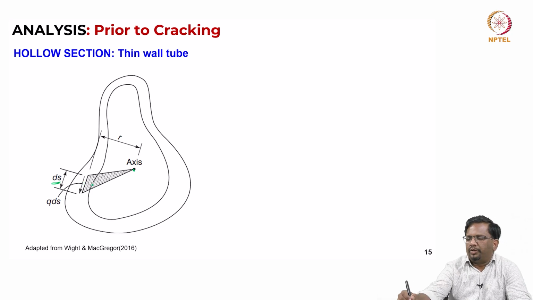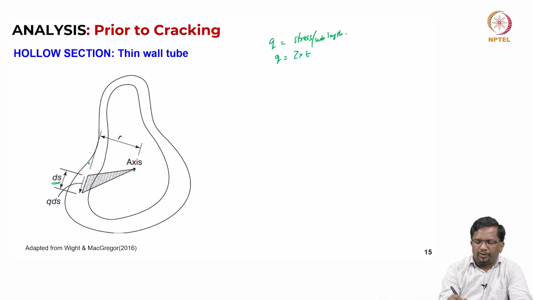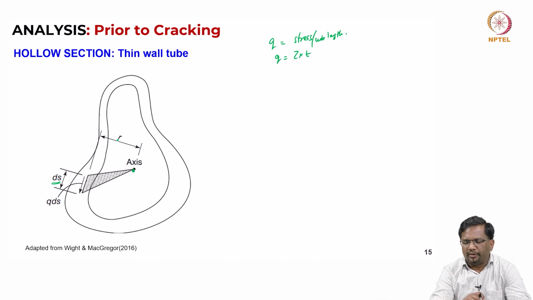Here q is the shear flow, that is, the stress per unit length, so q is equal to tau into thickness, as we saw. So, q into ds, multiplied by R, if I take the moment of this force q ds about the center, will give me the resistance to the applied torque for a unit length ds.